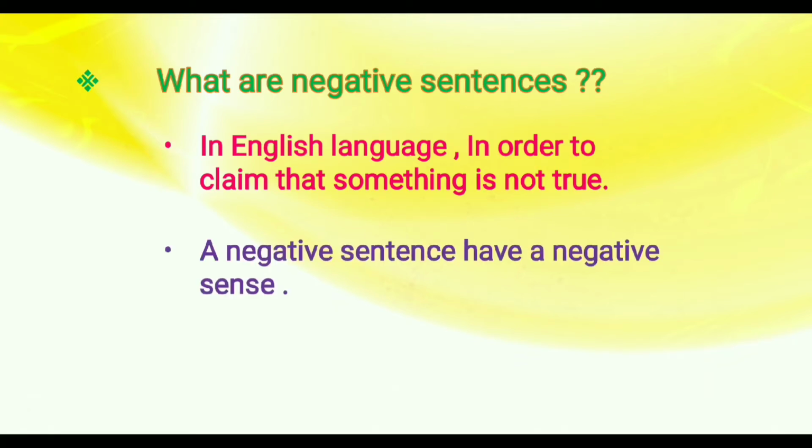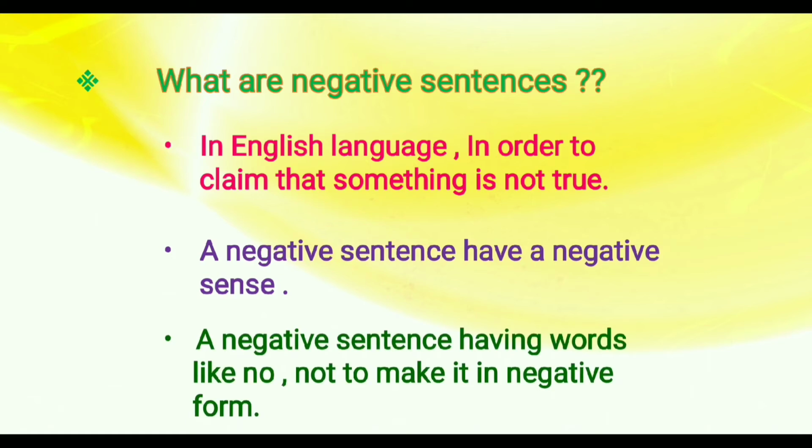A negative sentence has a negative sense. It reflects the negative sense of the sentence. A negative sentence has words like no, not, to make it in a negative form. So we understand that a negative sentence is identified with no and not, right?